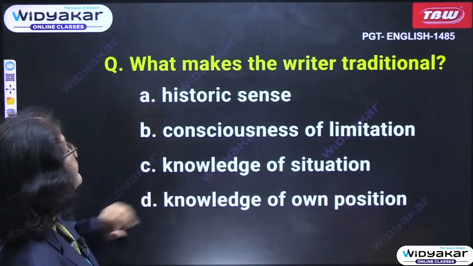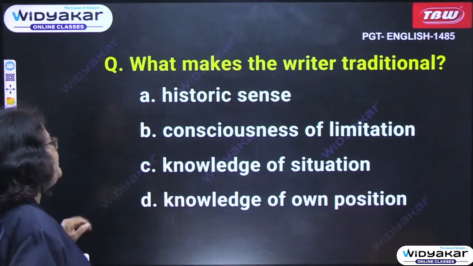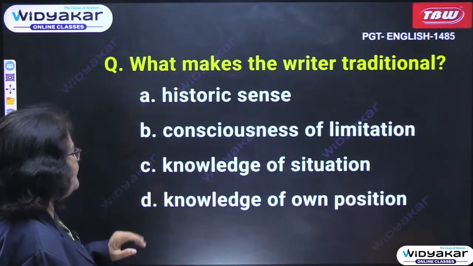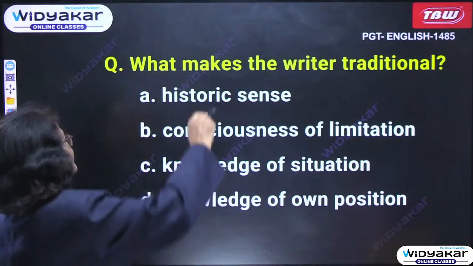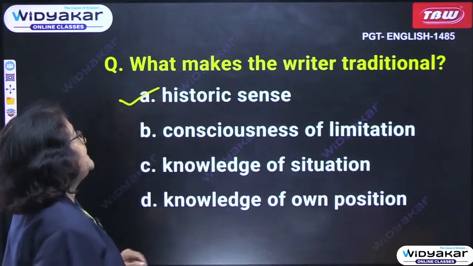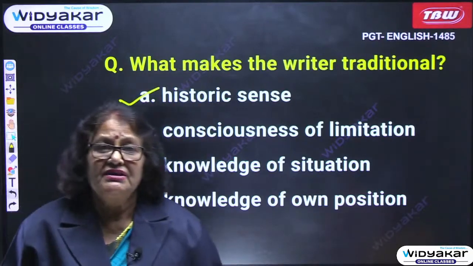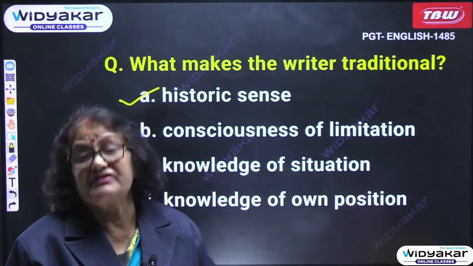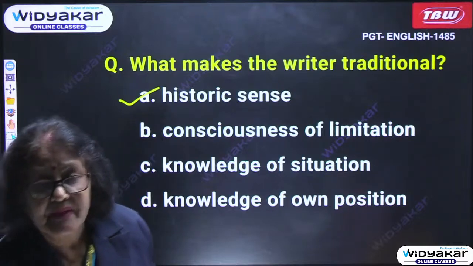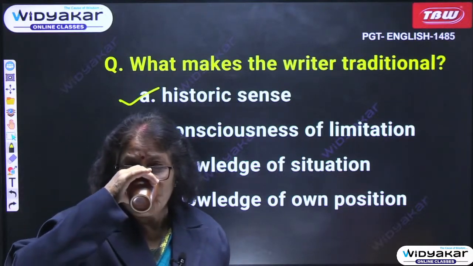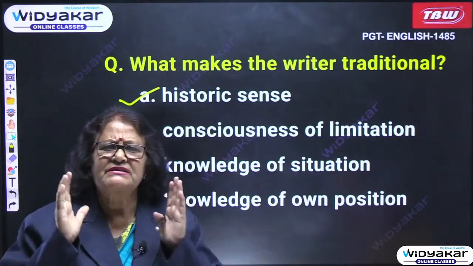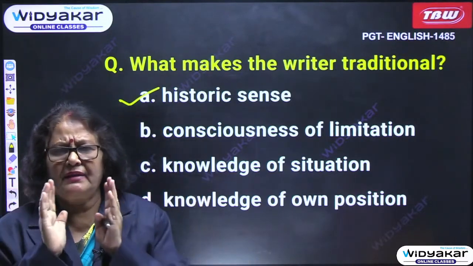What makes the writer traditional? A, historic sense. B, consciousness of a limitation. C, knowledge of situation. D, knowledge of own position. It is the historic sense that makes the writer traditional. In Tradition and the Individual Talent, what does Eliot try to say? Eliot says no artist can stand alone.